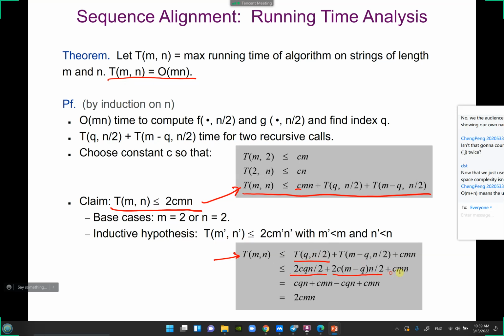And the final part is the cmn term. Then you add everything together, and you see that this is still bounded by 2 times cmn. So we've shown inductively that this claim is correct.